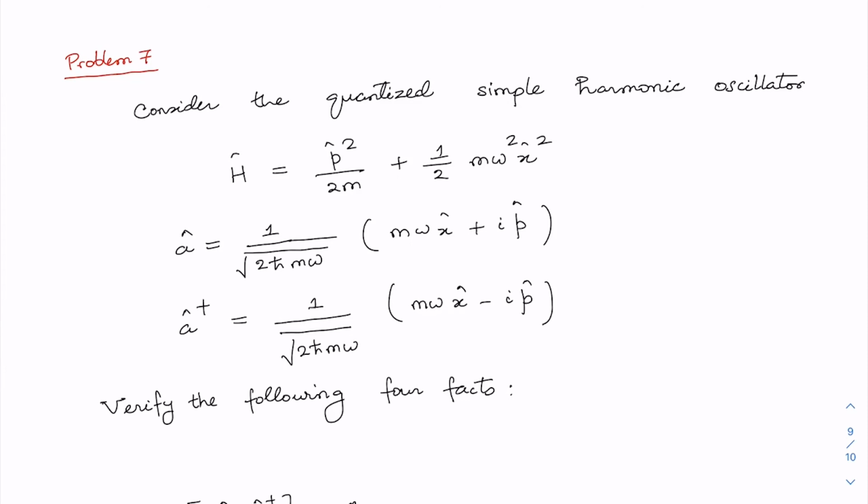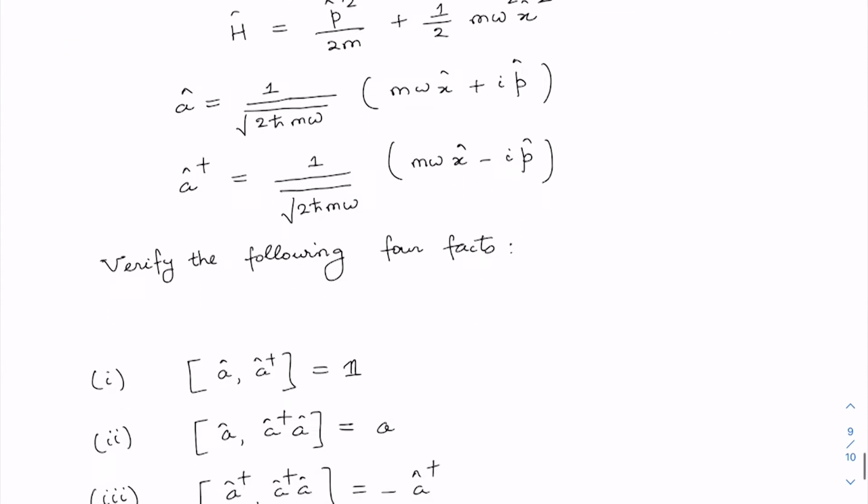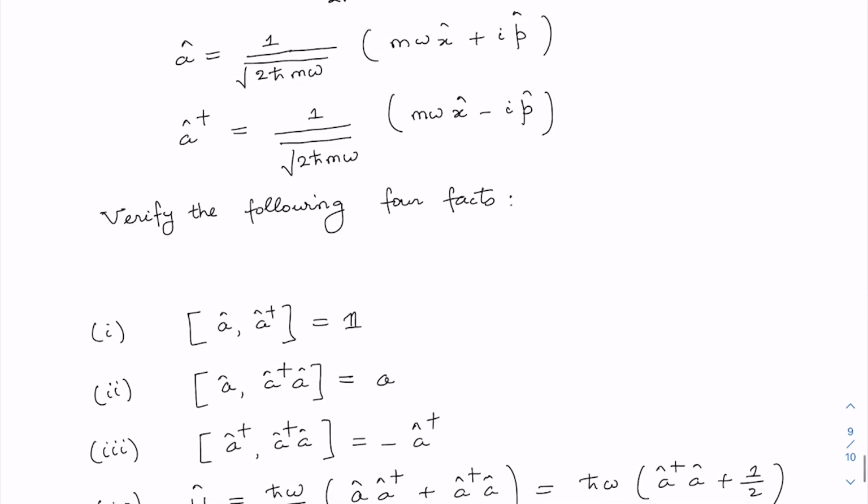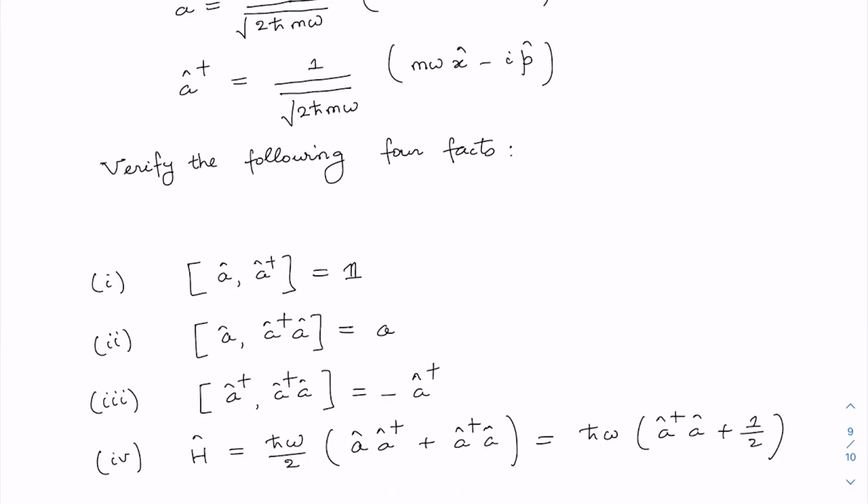Using this, you are asked to verify these 4 facts, that A dagger is equal to 1, and that is actually identity, and these relations you have to prove, and finally you have to show that the Hamiltonian can be written in this form using this annihilation and creation operator, and this is equivalent to this well-known form. Let us do this.